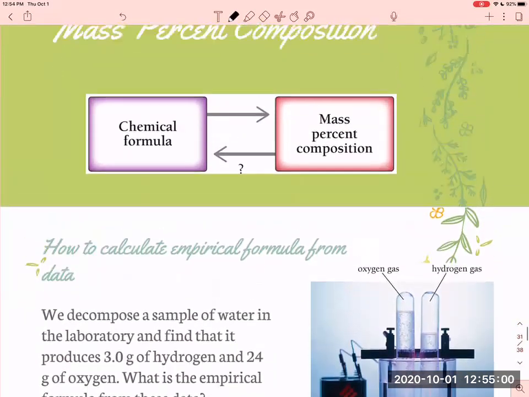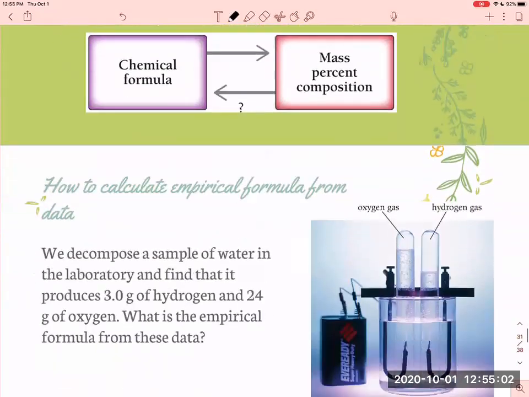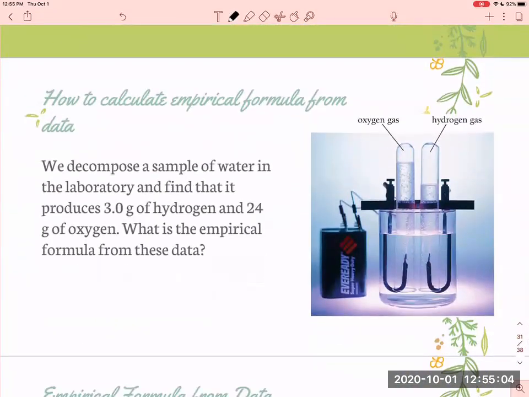So we're going to talk about empirical formula. Let's quickly, before we jump in, define what that means. An empirical formula is the lowest whole number ratio formula.